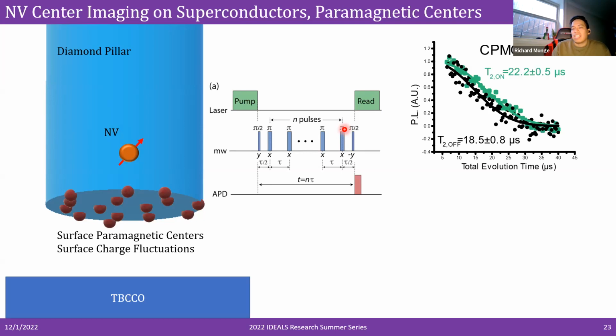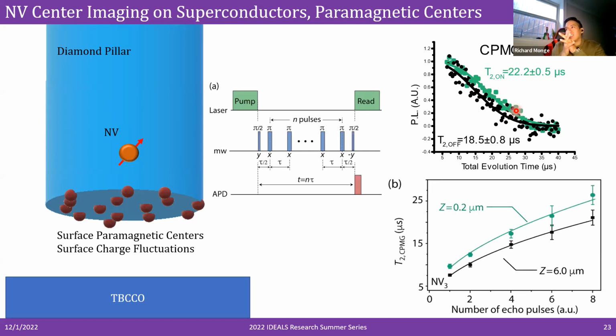So with this sequence, with CPMG 8 being the number of pi pulses in this sequence, we still observe the same effect. By the way, this is a different probe, hence the different coherence numbers, but still there is a relative change in the T2. And no matter how many pi pulses we use, at 200 nanometers away from the superconductor we have that T2 increase, as opposed to away from the superconductor.